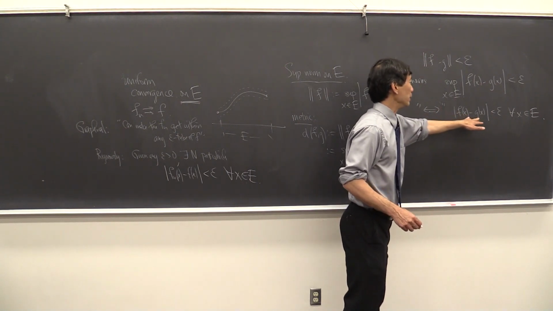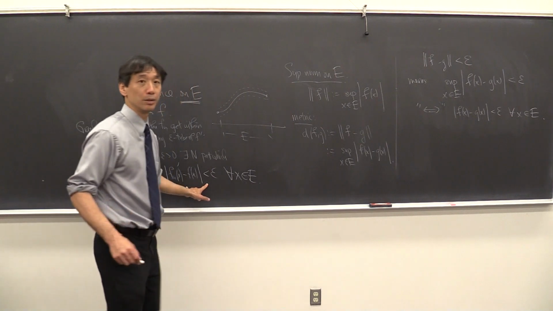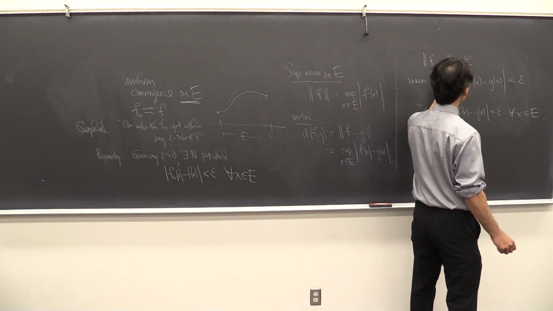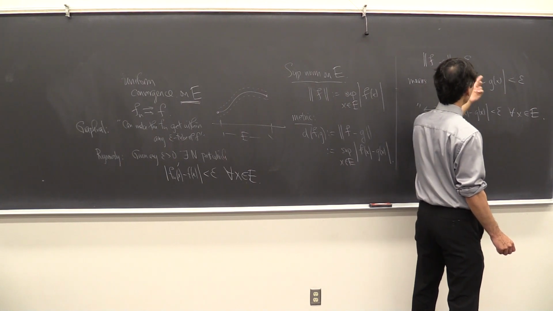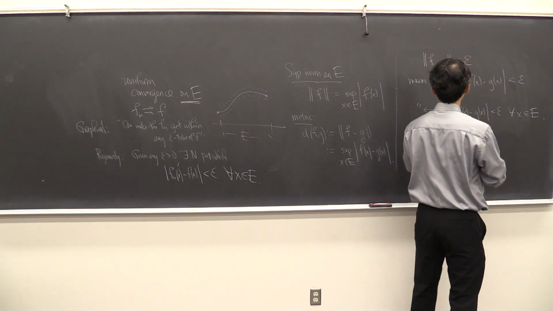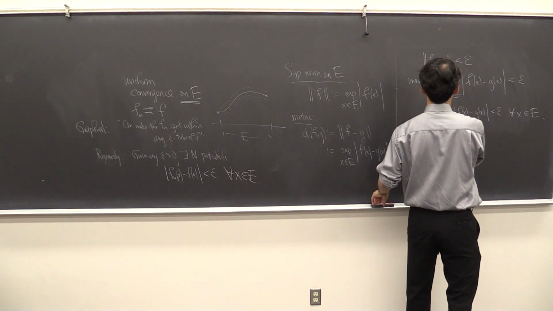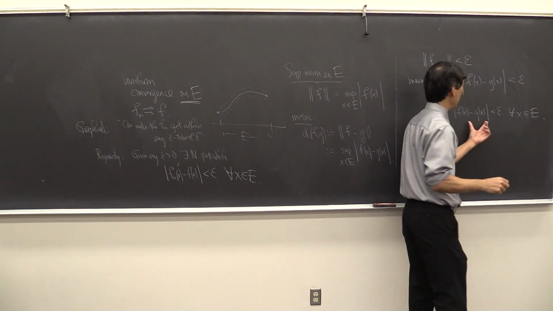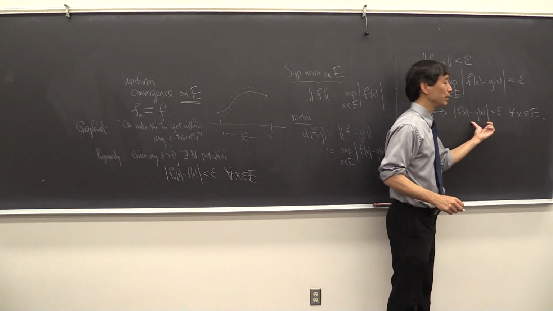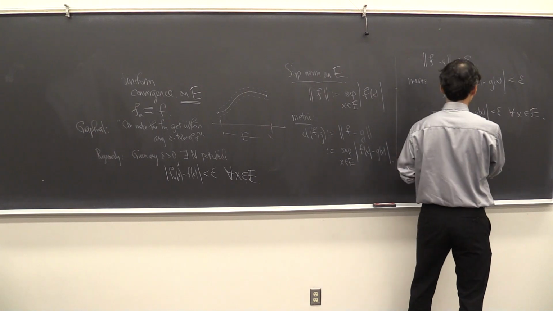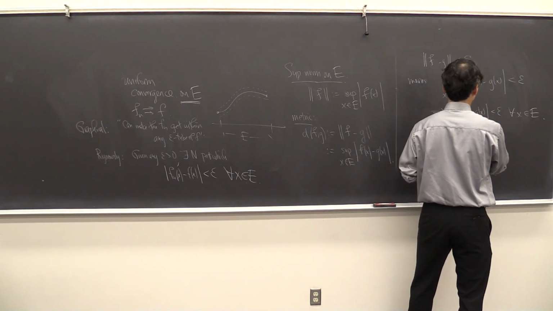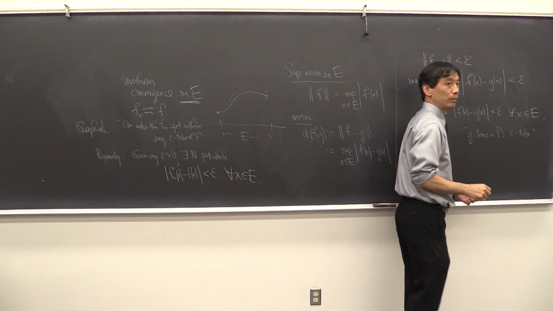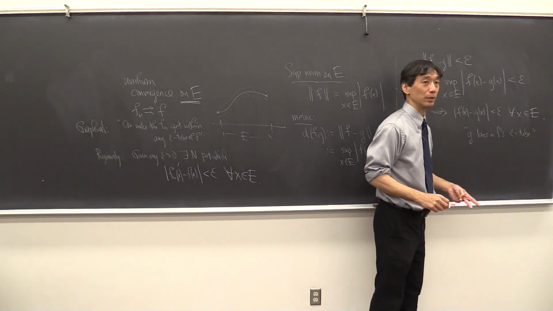Okay, but look at this. This is the same thing as this. For the sup norm difference to be smaller than epsilon definitely means that the difference between the functions is smaller than epsilon. But that means that g lives in f's epsilon tube, or vice versa, f lives in g's epsilon tube.